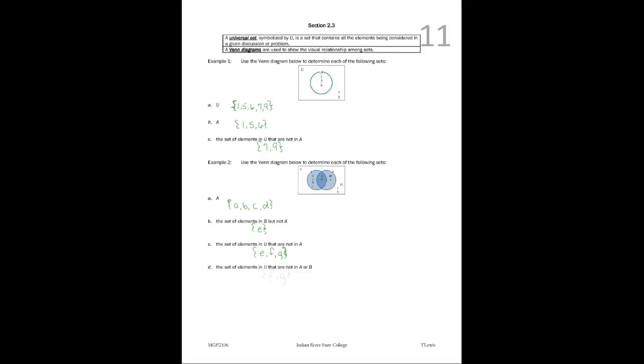Do you understand that part? Letter D, the elements in U that are not in A or B: F and G.